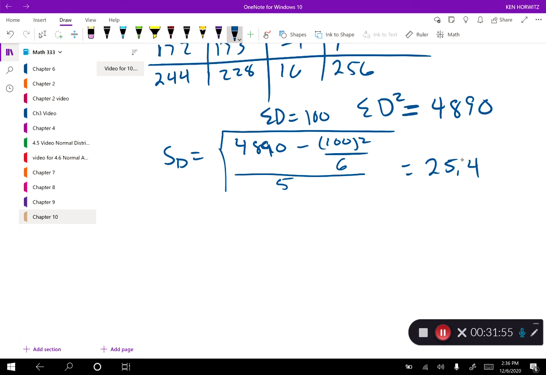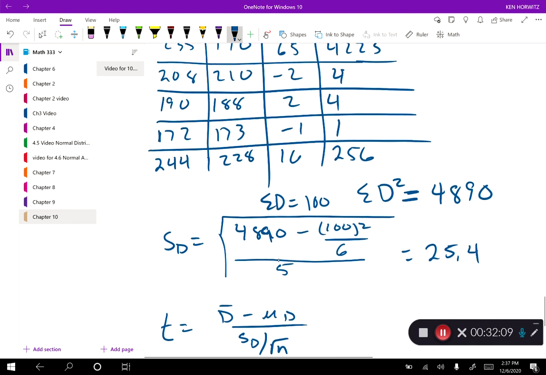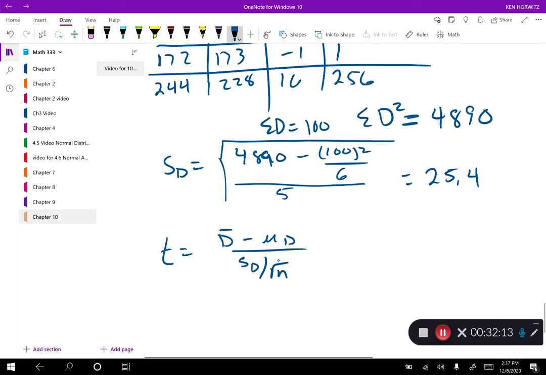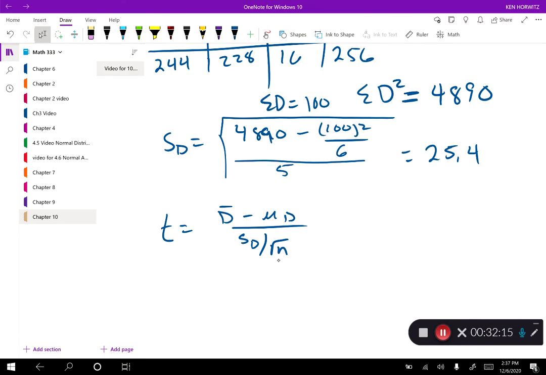So t equals d bar minus mu d, all over the standard deviation divided by the square root of n. So if the sum of our d's was 100 and we divide it by 6, that means our d bar is 16.7.